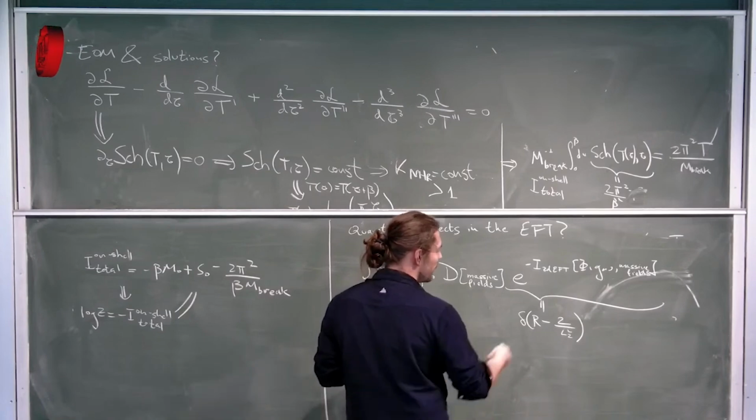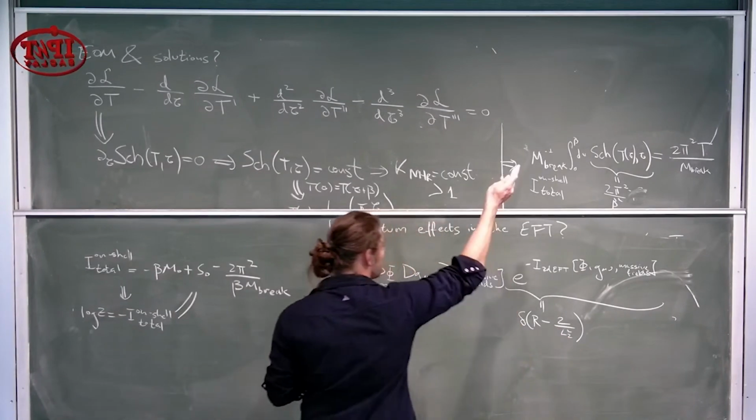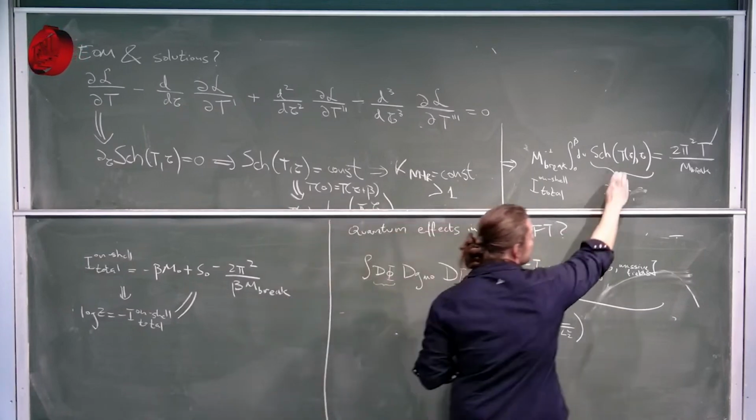And now the only thing I'm left with is an integral over the metric. Well, the metric is fixed. It's just the metric of AdS2. The only things that remain unfixed were these shapes T of tau.